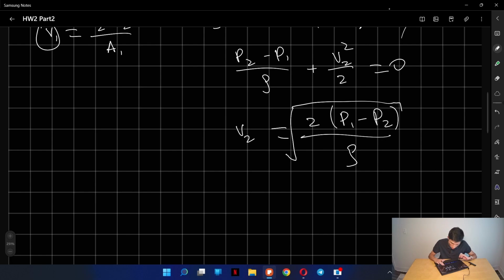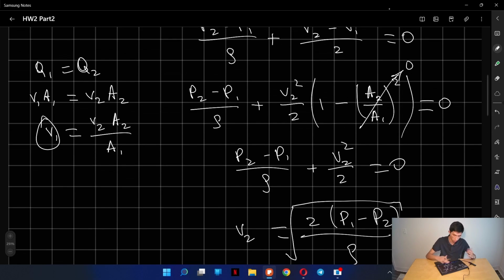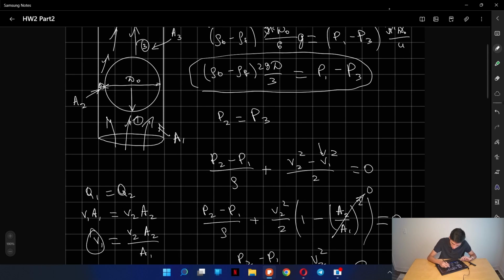So that's now our velocity at point 2. Okay, if I take a close look here, I know pressure at point 1 minus pressure at point 3 is equal to this. And because it's a sudden expansion, I can make that equal to pressure at point 1 minus pressure at point 2, right?